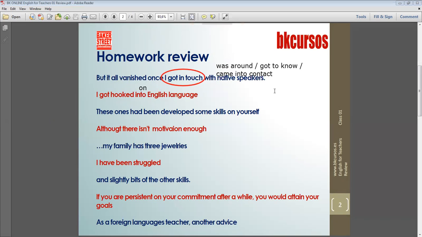Right, the next one. These ones had been developed some skills on yourself. That was a little more challenging. Developed. It's not had been developed. It's just developed because you just developed those skills and you got them. So these ones developed some skills on yourself.